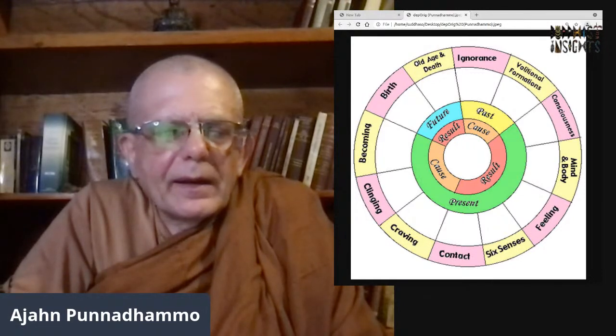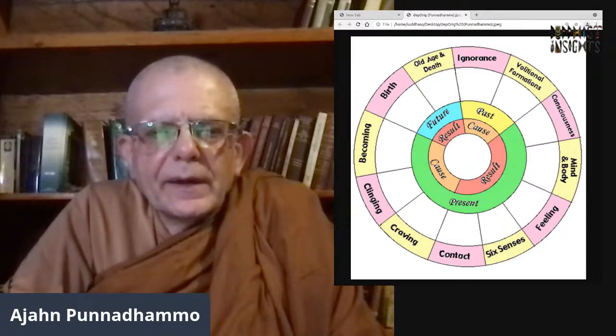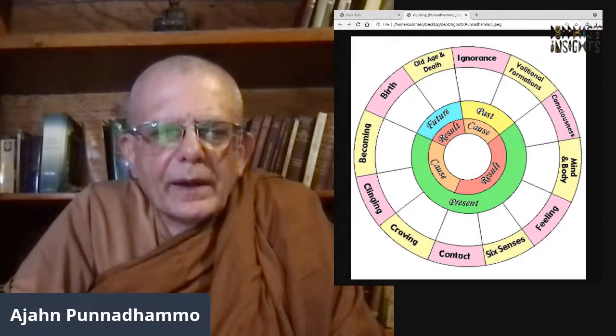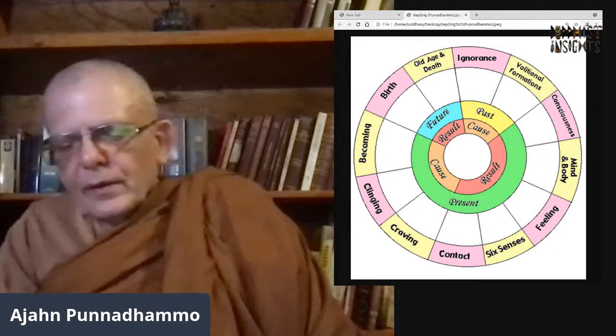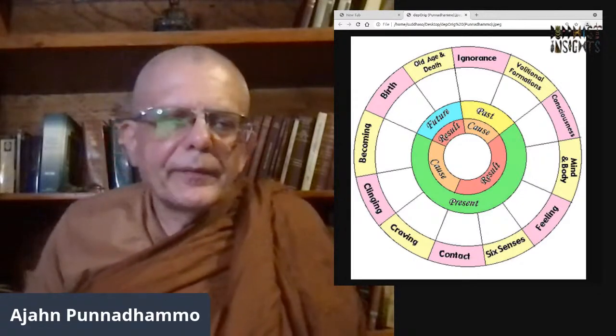Craving or tanha is a fairly rudimentary state of mind. It's just wanting this or not wanting that. And it's really just an impulse in the mind in one direction or the other.